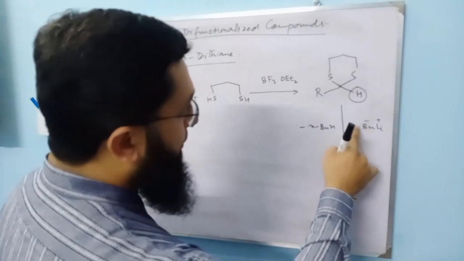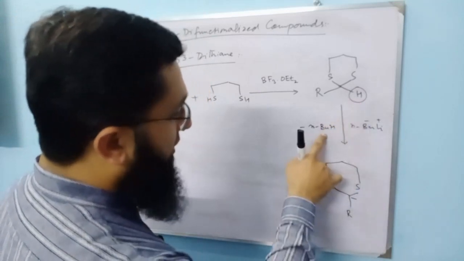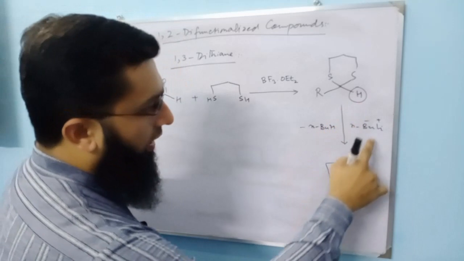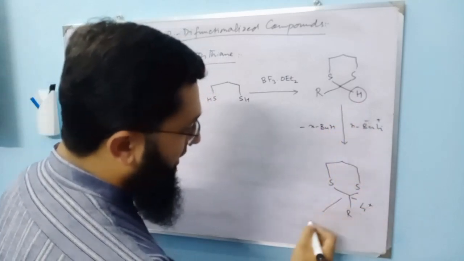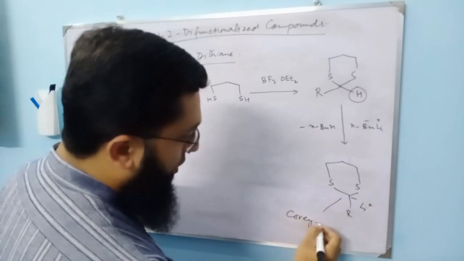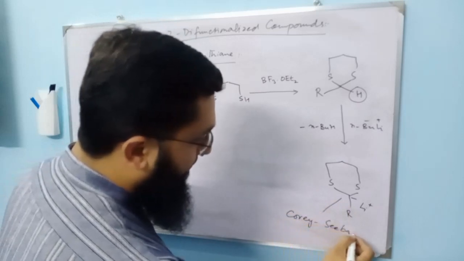So the n-butyl group takes this proton and converts into n-butane, and this lithium surrounds this negative charge, and this reagent is also known as Corey-Seebach reagent.